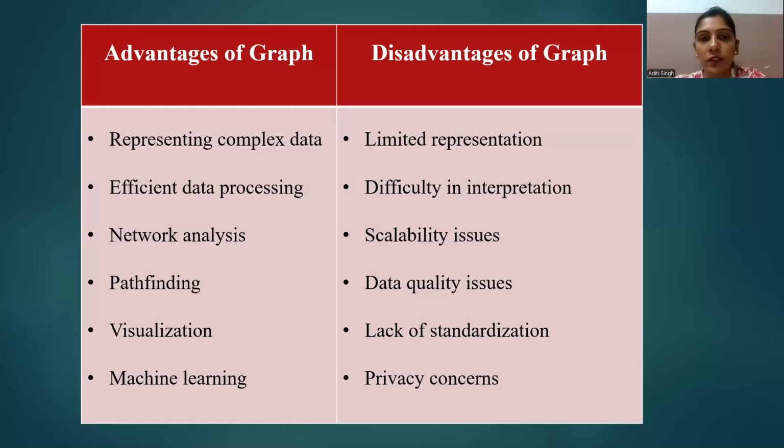Last point is privacy concern. As graphs reveal large data in a graphical form, there is always sensitive information about any individual, any organization, any researcher, which can raise a privacy concern, especially in social network analysis and marketing analysis.